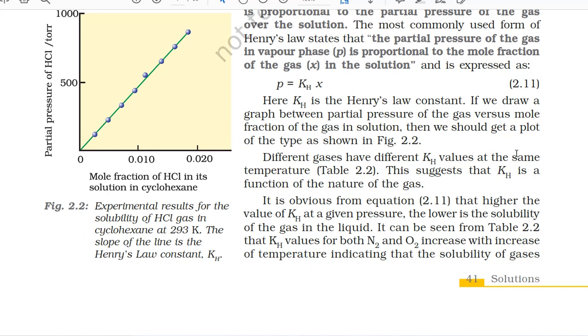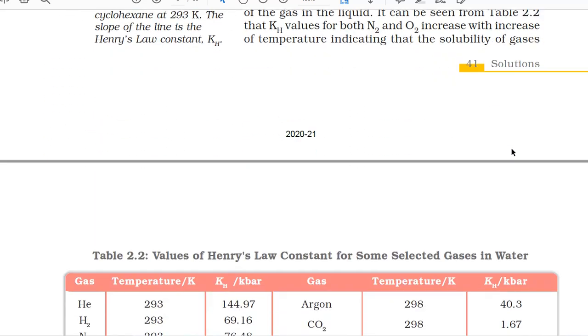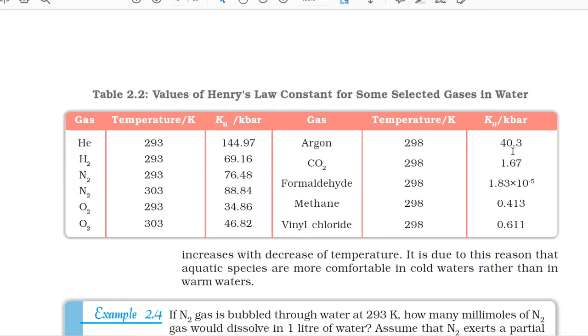It can be seen from table 2.2 that Henry constant values for both N2 and O2 increase with increase of temperature, indicating that the solubility of gases increases with decrease of temperature. It is due to this reason that aquatic species are more comfortable in cold waters rather than in warm waters.